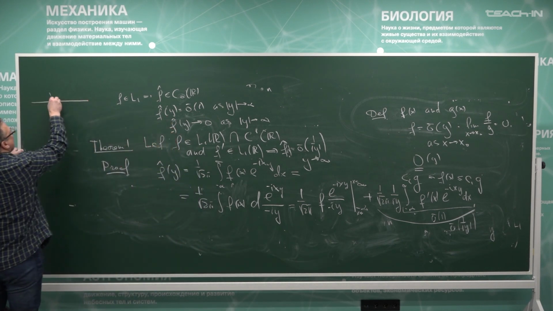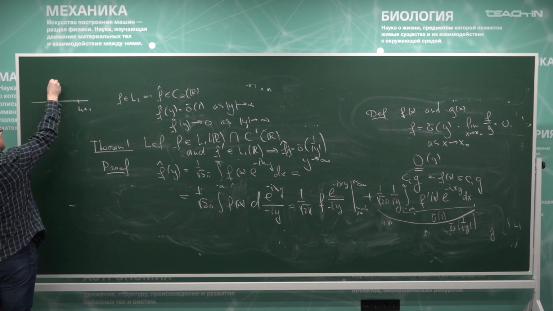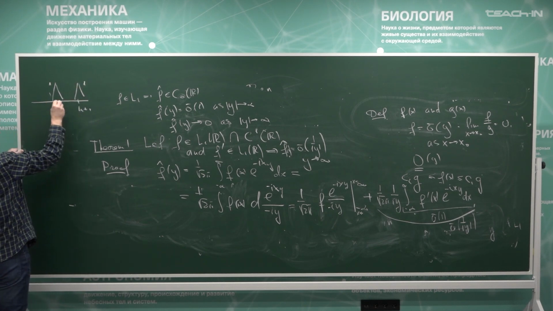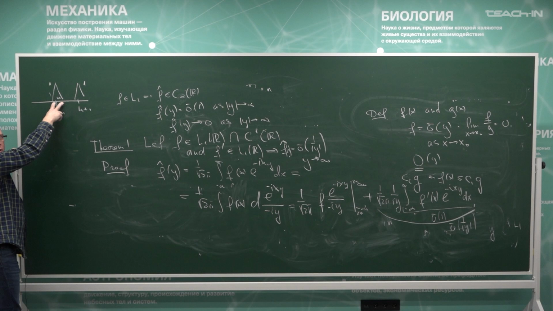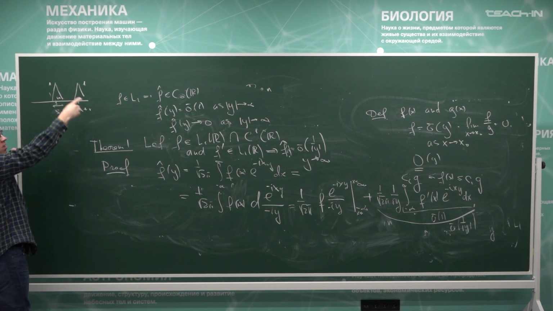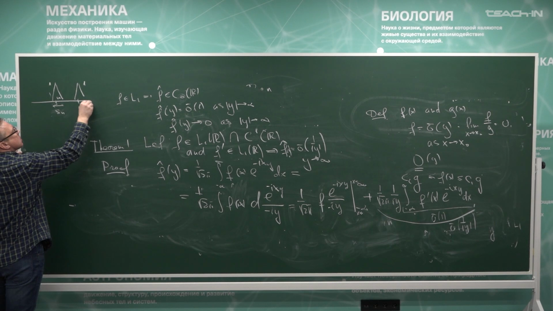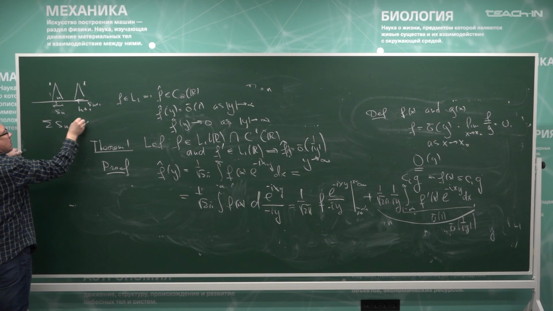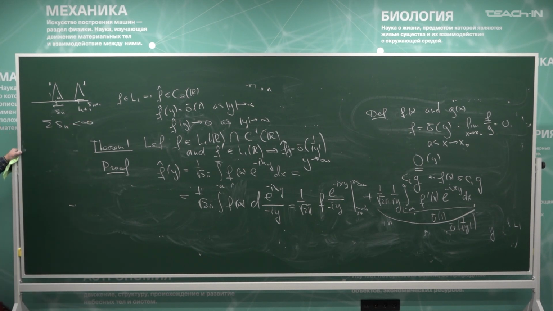Consider such an example: triangles at n, with height 1 here and here, where the lengths of these intervals go to 0, such that the sum of the lengths s_n is finite. Then the function belongs to L1, because its integral over the whole axis is just the sum of the areas of the triangles, up to the constant 1/2.